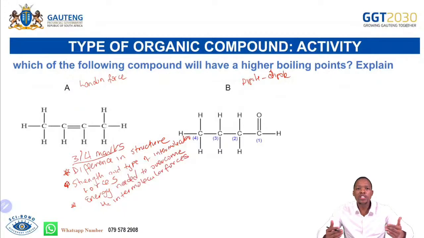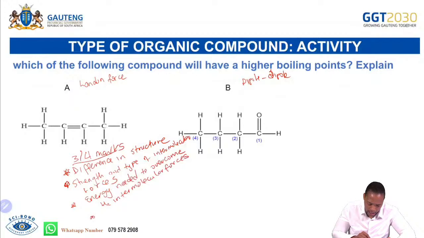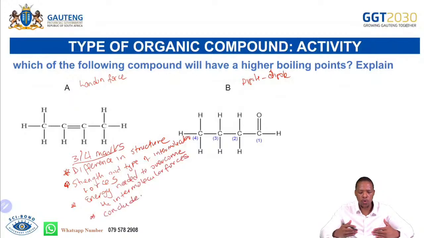It will make it easier for you. It is sort of a structure that always guides me into answering this question. And then lastly, just conclude. So you're making a conclusion based on the question that you were asked. If you do it like this, it will be precise, straight to the point. Even the person who's marking you is not going to be frustrated, wondering what this person is saying.